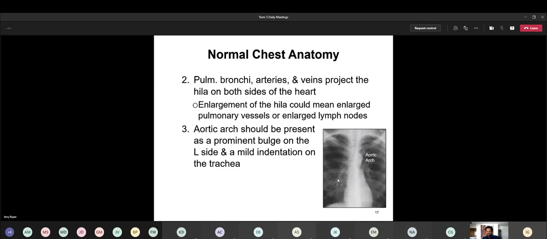And they would call that lymphadenopathy. So enlarged lymph nodes in this region, which doesn't show up on this film, of course, but we'll look at an example of lymphadenopathy in the next course.